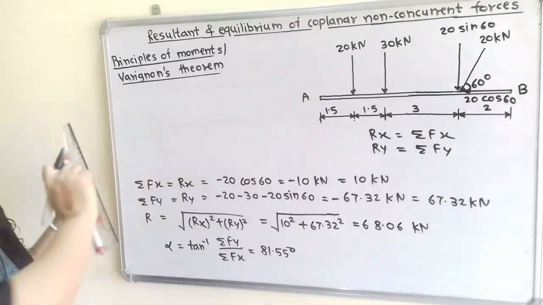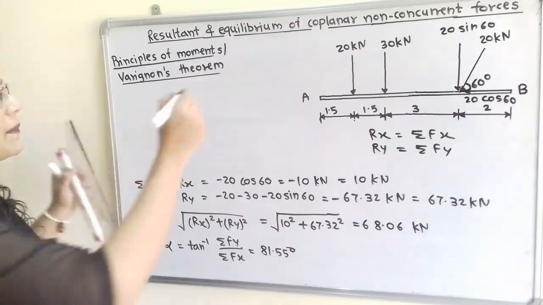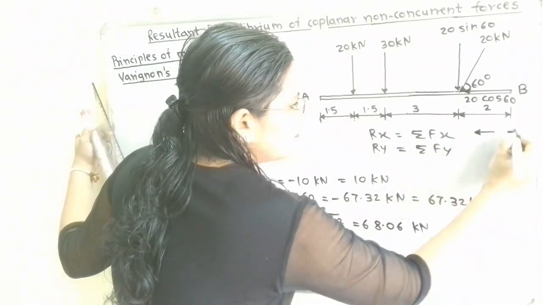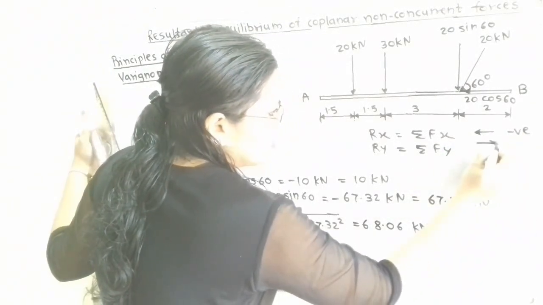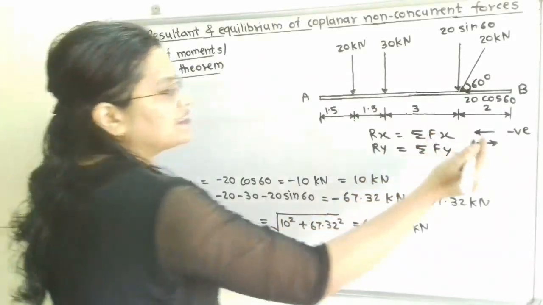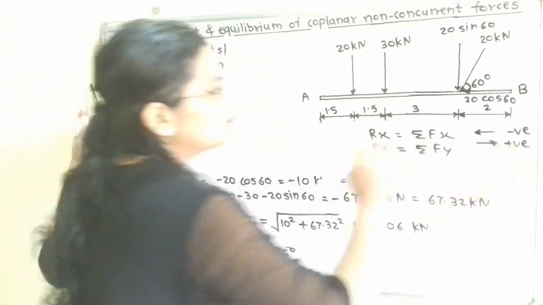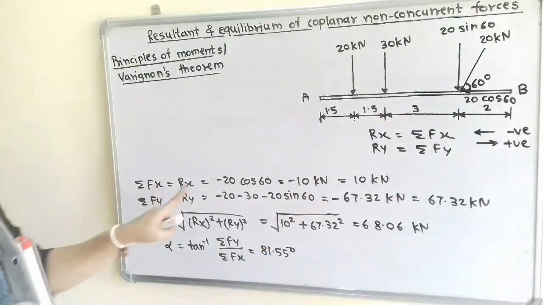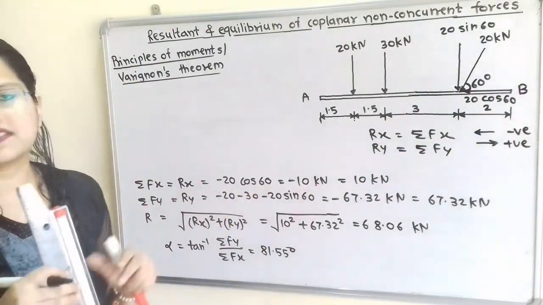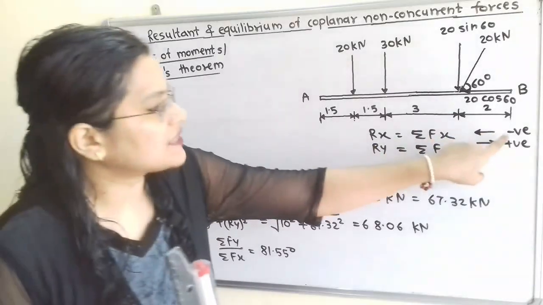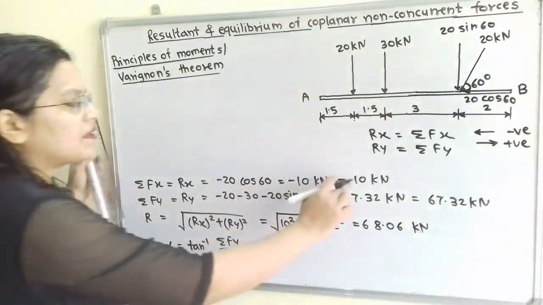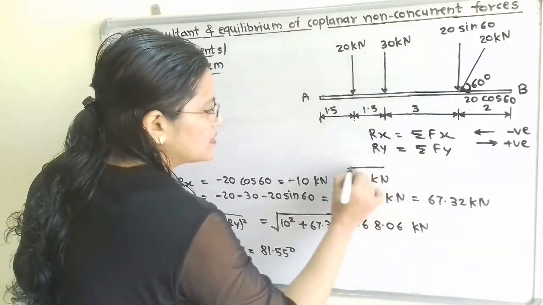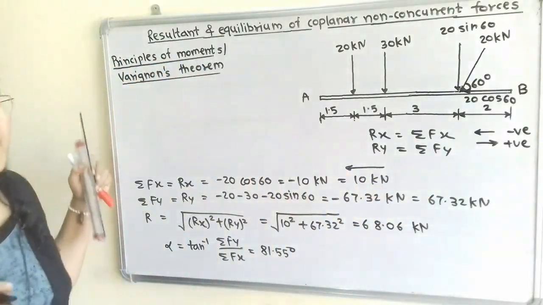It is acting towards the left-hand side, so for the left-hand side we consider a negative sign, and towards the right-hand side we take the positive sign. When we solve this, we get summation of Fx equal to minus 10 kilonewton. The minus sign means we can write 10 kilonewton, and the direction is towards the left-hand side. We have to show this.